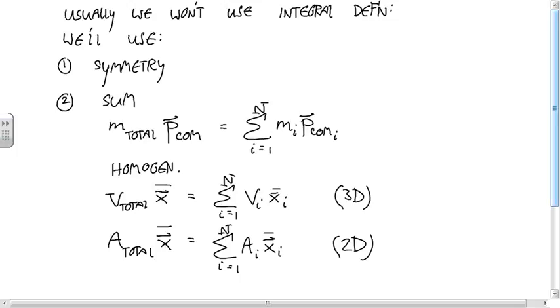So if you have it broken up into this piece, and this piece, then say this is 1, 2, and 3. So this is the mass of piece 1 times the centroid of piece 1, or the center of mass of piece 1, plus the mass of piece 2 times the center of mass of piece 2. So N is just the number of pieces. Yeah, that's right. Yep.